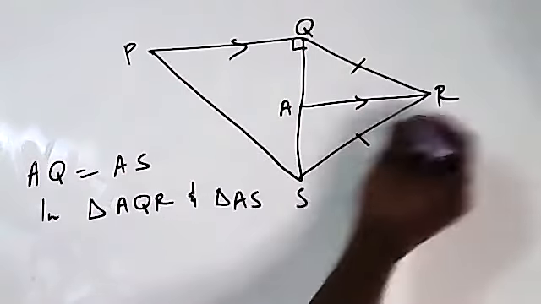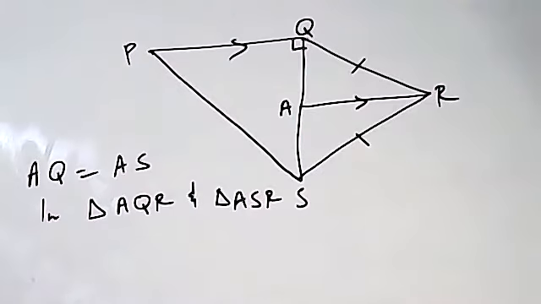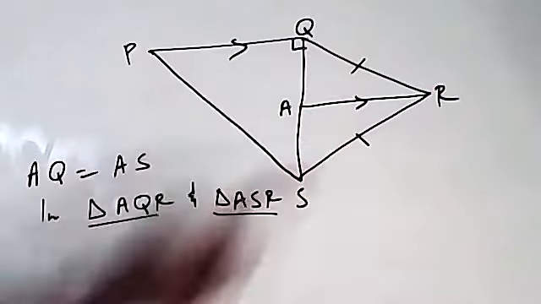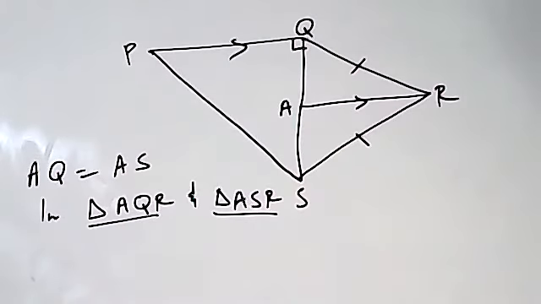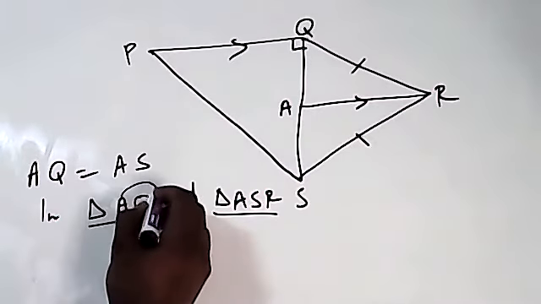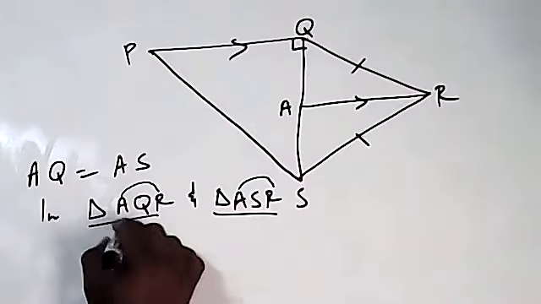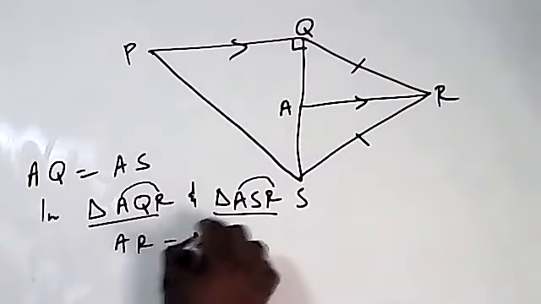If I take AS, I'll be left with R. So we have these two triangles. That's our focus. Already I'm seeing that we have first and last, which is AR, first and last, which is AR. So I'm going to say AR is equal to AR.